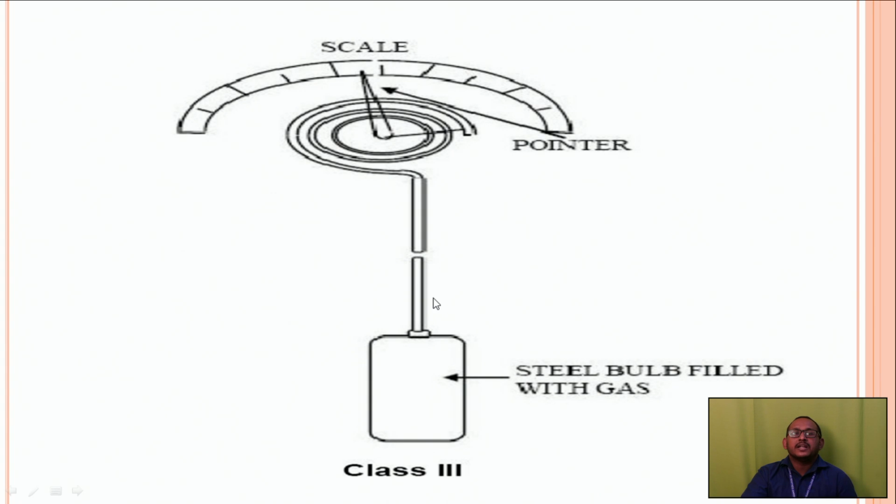Based on the expansion, the Bourdon tube is deflected, and the pointer connected to the Bourdon tube deviates on the scale to indicate the temperature presently available. This is the main working principle of this gas filled thermometer.